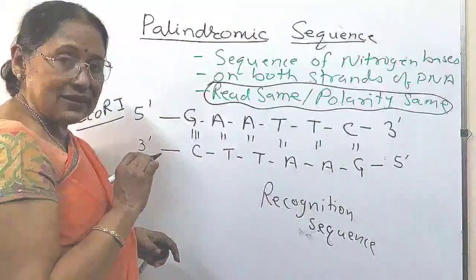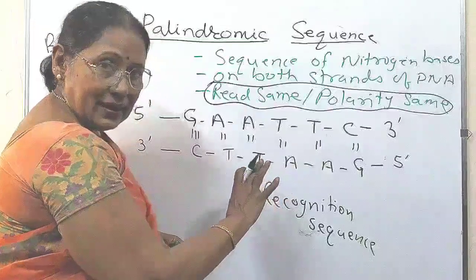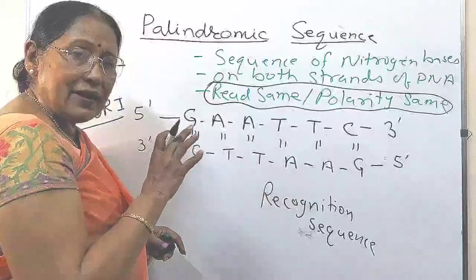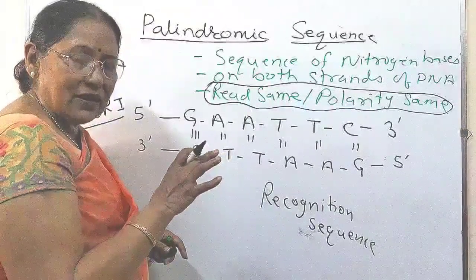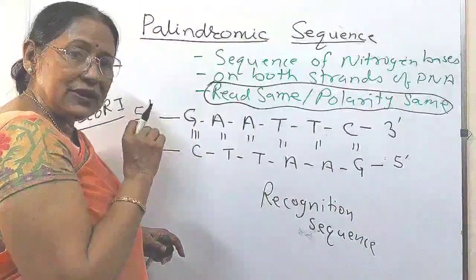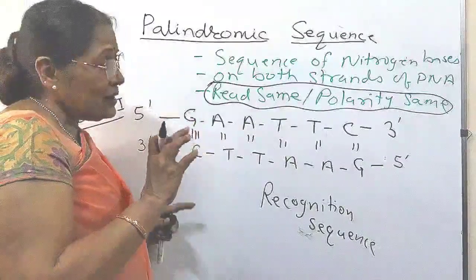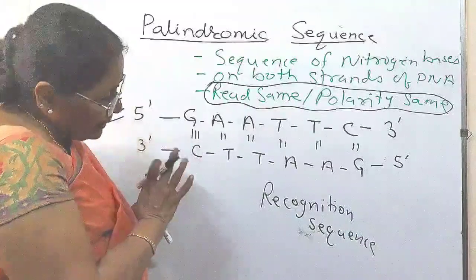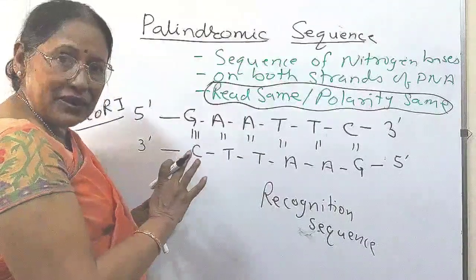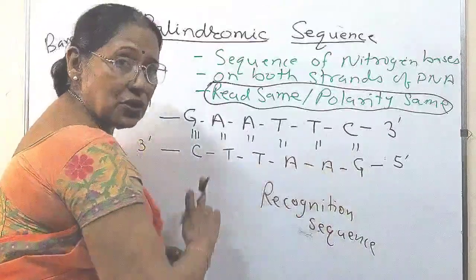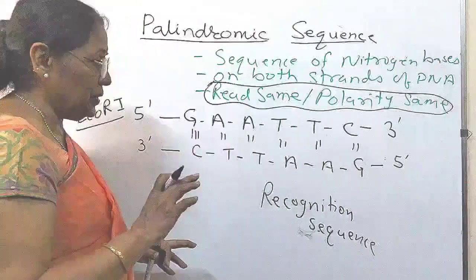The restriction enzymes do not cut at any random place. What they do is they inspect the whole DNA first and see whether they find that sequence, like EcoRI. If this sequence is not present in the DNA, then it is not going to cut.